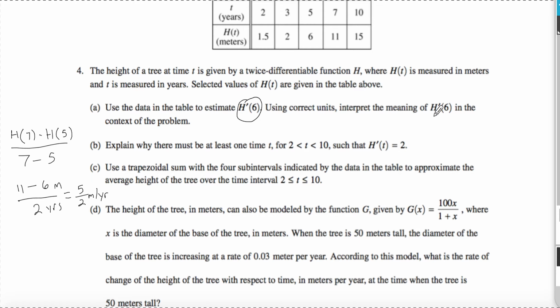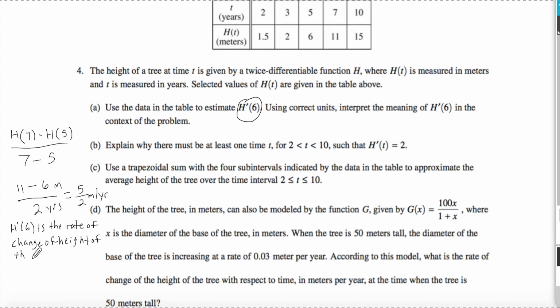Now we need to interpret the meaning of the derivative. This is where on the benchmark we had some trouble, so we got to be really specific here. When we're writing about interpreting the meaning of the derivative, we got to say h prime of 6 is the rate of change of height of the tree, because the derivative will be the actual rate of change, right?